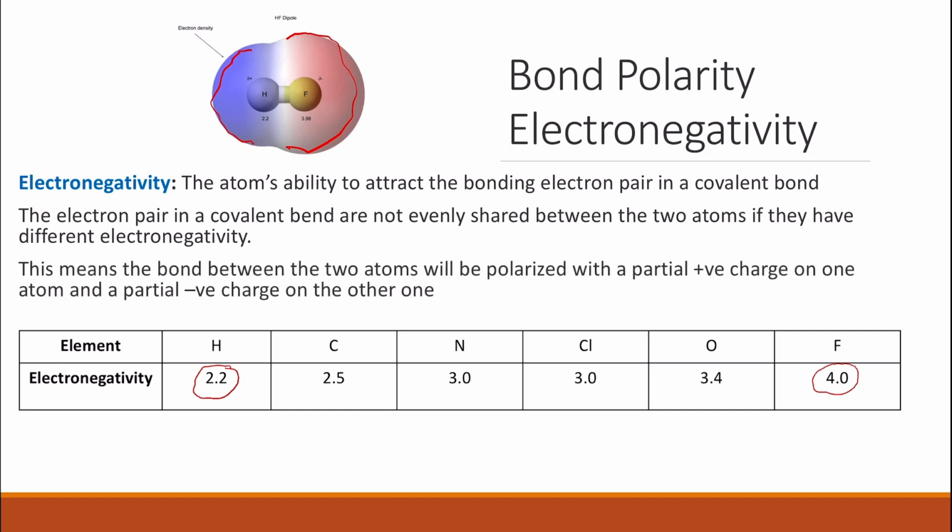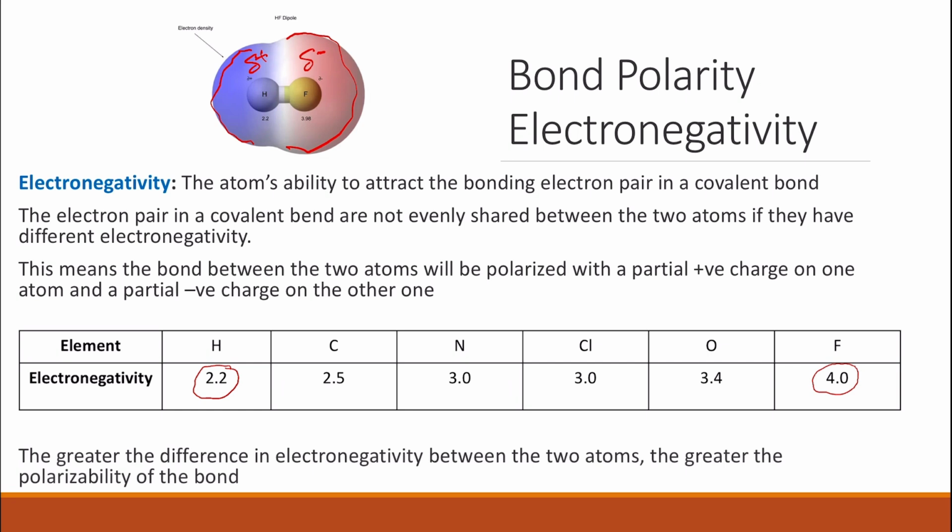That means that the bond between the two atoms will be polarized. There will be a partial positive charge on one atom, in this case on the hydrogen, and a partial negative charge on the other atom, which has a higher electronegativity.